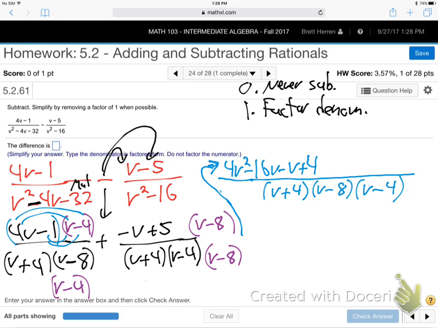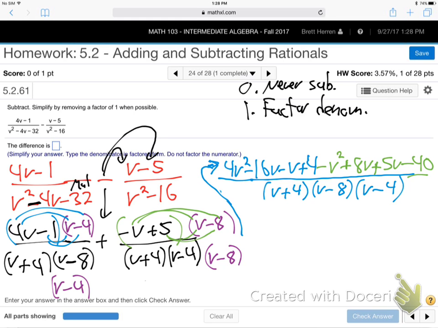And then the second one, now put parentheses here, and then boom, boom, careful with your signs, minus v squared, plus 8v, then the plus 5, boom, boom, plus 5v, minus 40. Like that. That good? FOIL both those out, and then just gather up like terms.